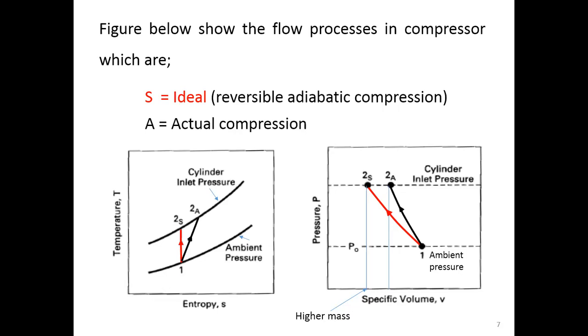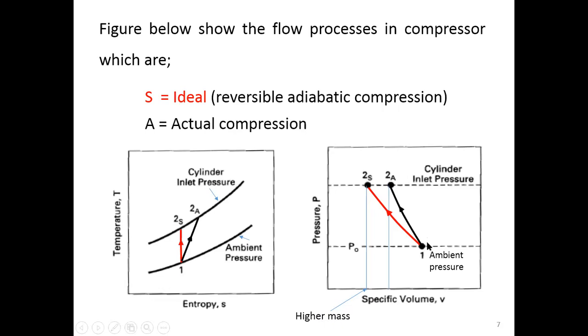So the specific volume of the air will reduce, right? But the reduction of the specific volume is different, because in the ideal process we will have a higher reduction in the specific volume. That means we have a higher amount of air than in the actual process here, right?